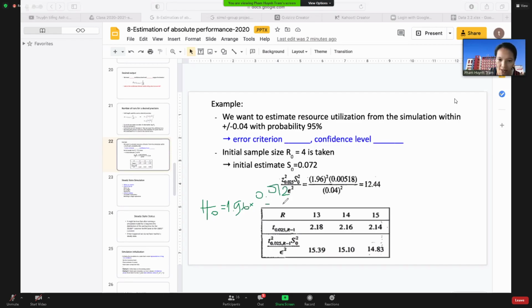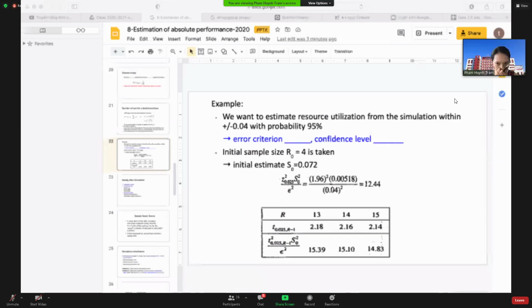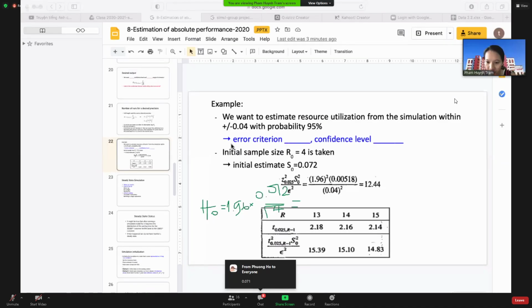All right, and divided by our initial replication, which is 4, square root of 4. So what is our half width of confidence? Have you calculated this one? Okay, I got the number 0.071. Thank you, Phương.